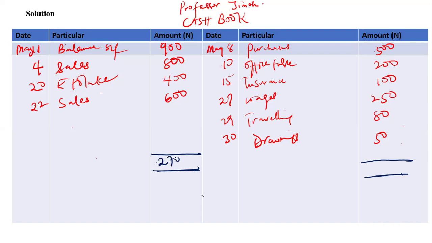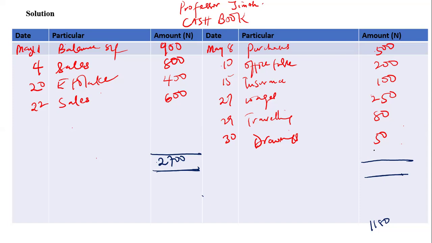Let's get the credit side. I'm punching my own calculator. You should also be doing yours. What I got is 1,180. So what do I do? I subtract it from the 2,700. So what's going to be the balance?